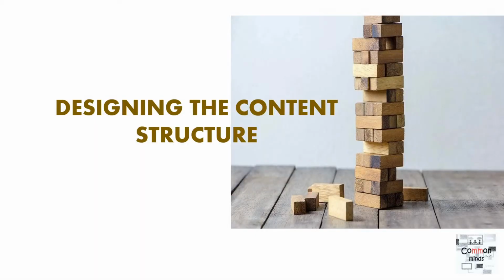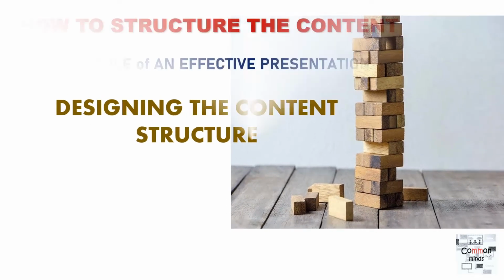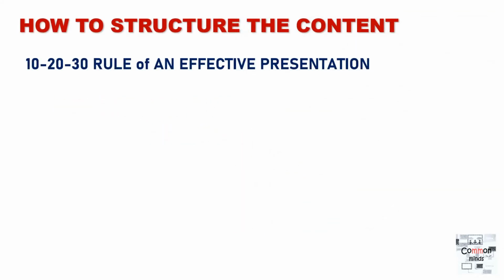So now we know how elaborate our presentation should be. Let's start attempting our first content. There is a famous rule which was given by a famous author called Guy Kawasaki. It's called the 10-20-30 rule of an effective presentation.